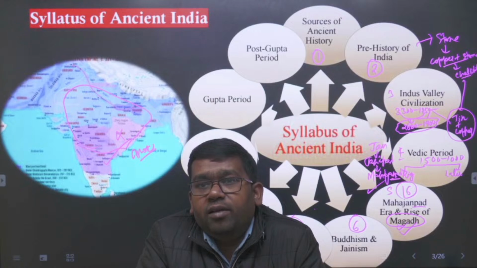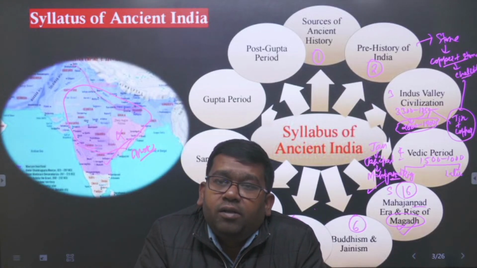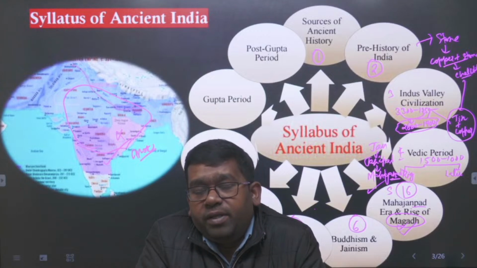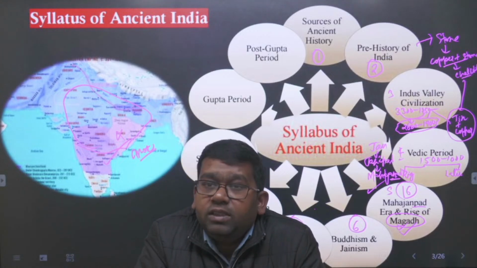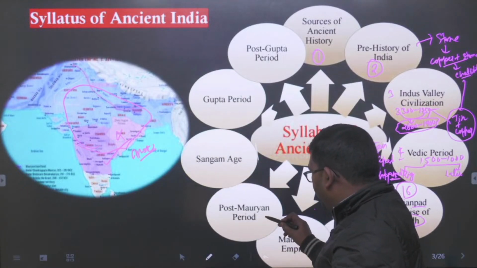The last king in the Mauryan Empire was Brihadratha, and he was killed by his commander-in-chief, Pushyamitra Shunga, who founded the Shunga dynasty in India. So the Mauryan Empire declined by this time, and it came into the post-Mauryan period.